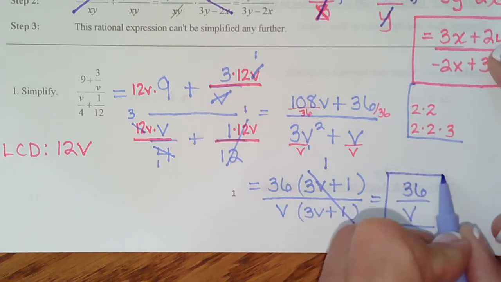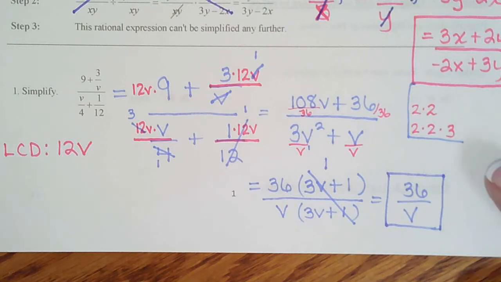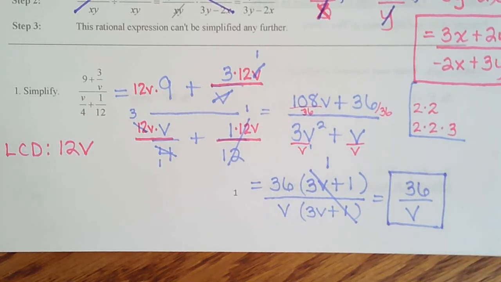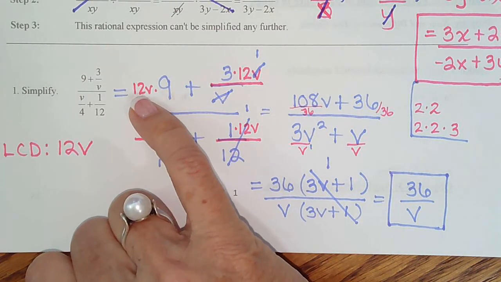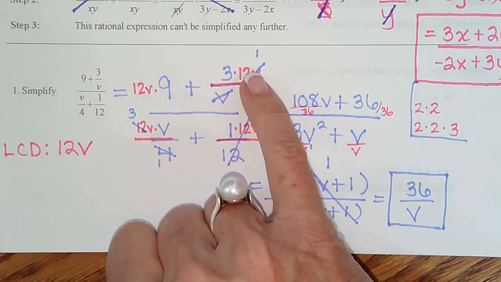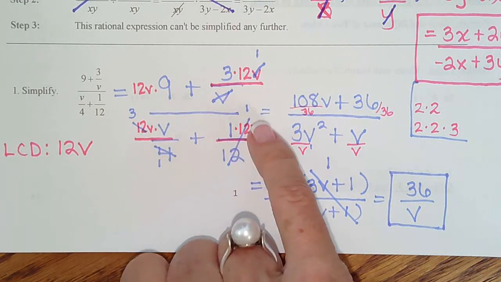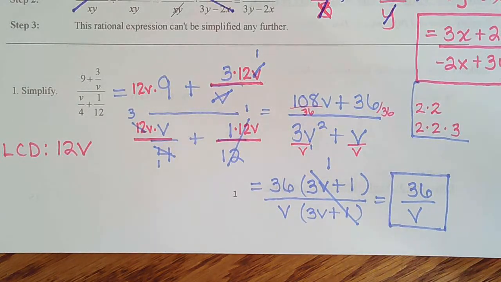So even though these problems look different than anything you've ever seen in your life, probably, maybe, everything we've done you already knew how to do. In the first day of class, we learned how to multiply every fraction, every whole number by the LCD to get rid of fractions when you're solving an equation.